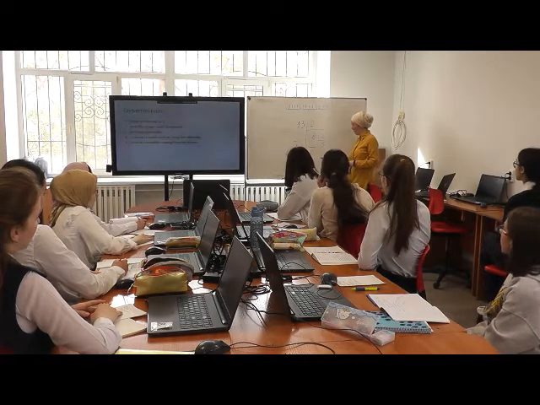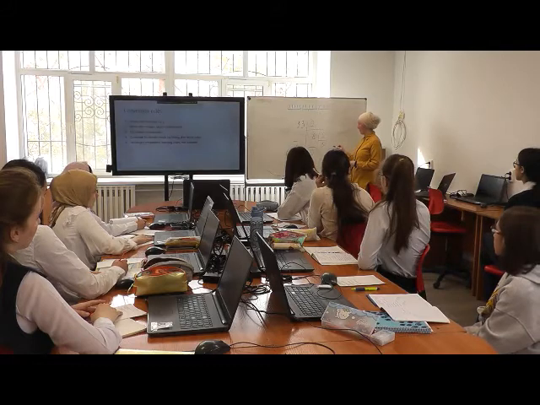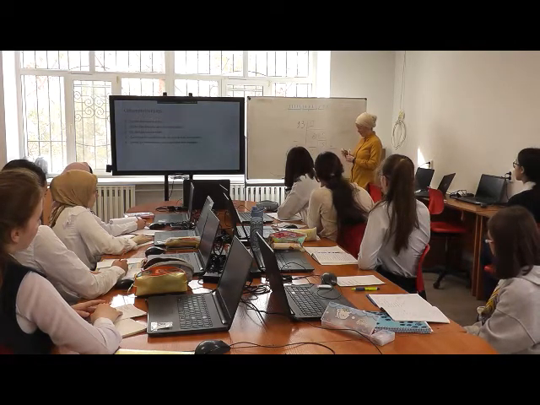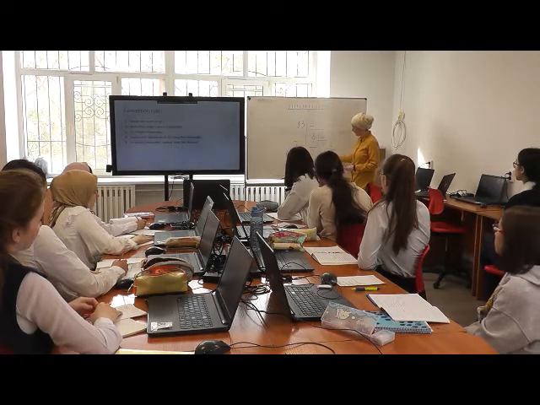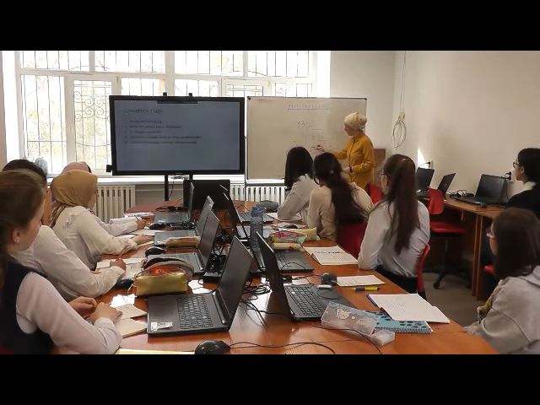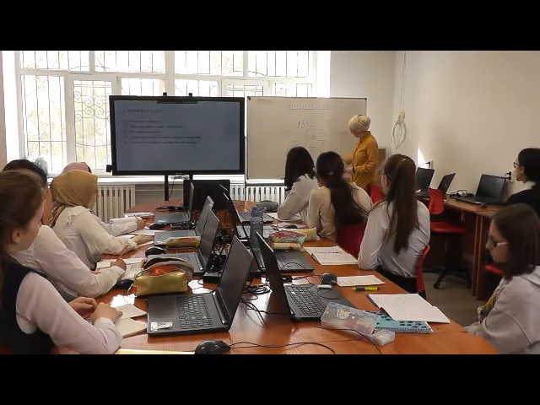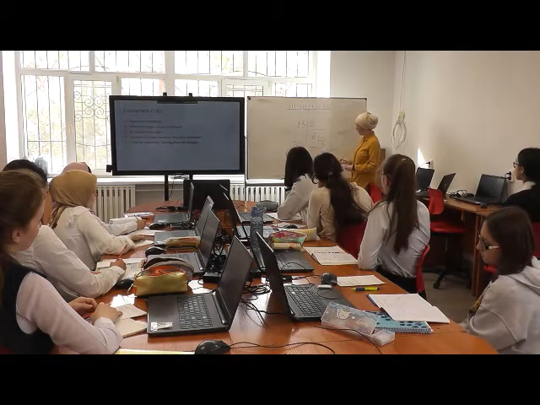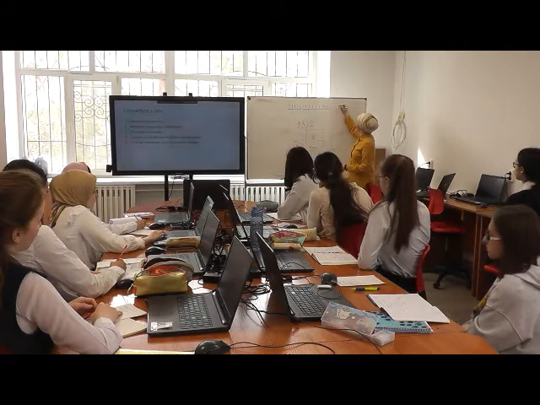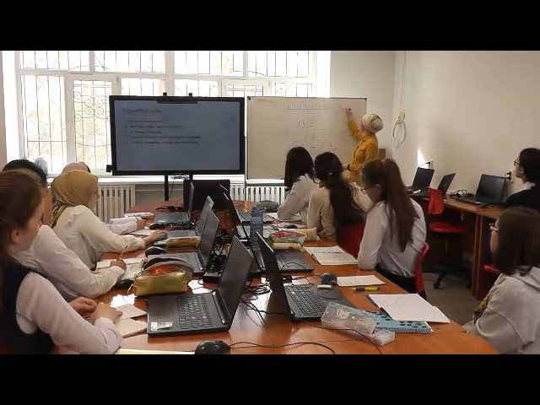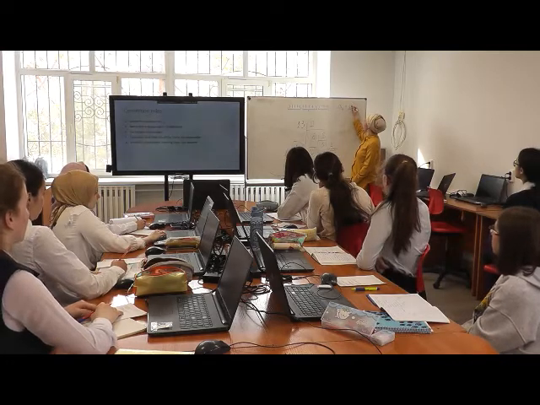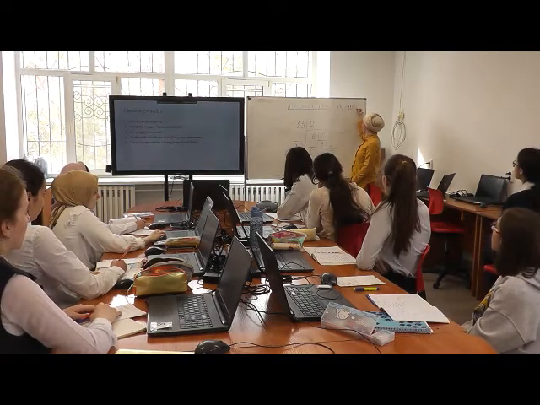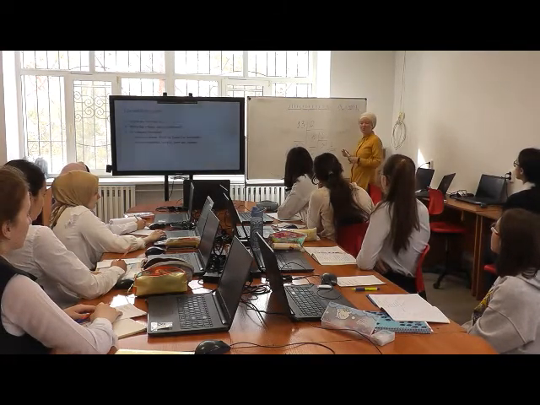Then we divide by 2 again: remainder 1, and the answer is 1. And what is next? We fix all these remainders and write them starting from the end. So 13 in decimal is 1, 0, 1 in binary, right?